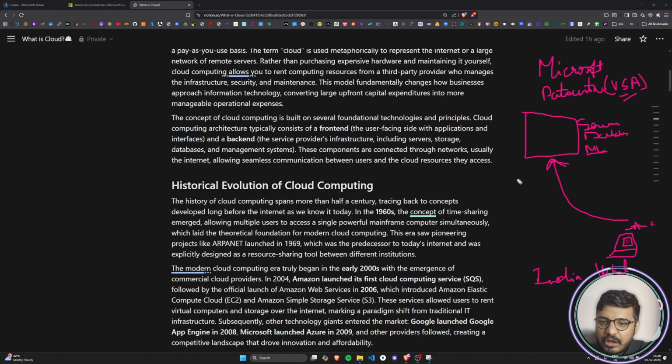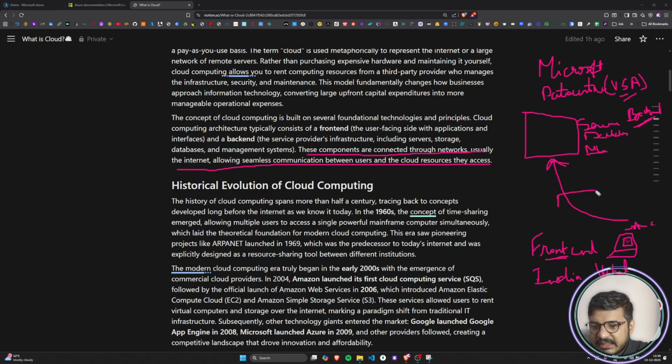So here there are two things. This is the front end part of the cloud, and this is the back end part of the cloud. These components are connected through networks, usually the internet, allowing seamless communication between the user and the cloud resources they access.